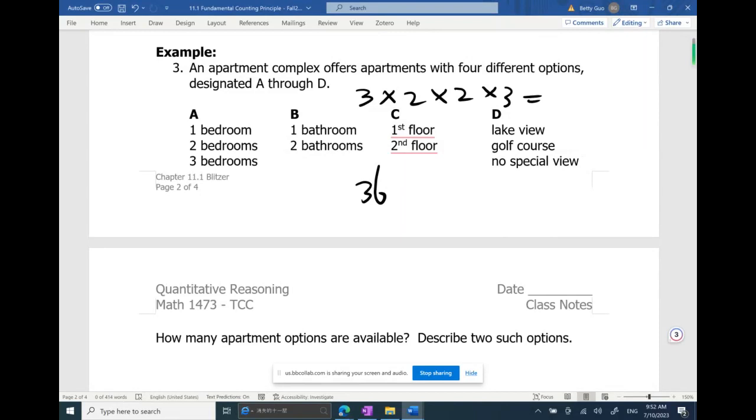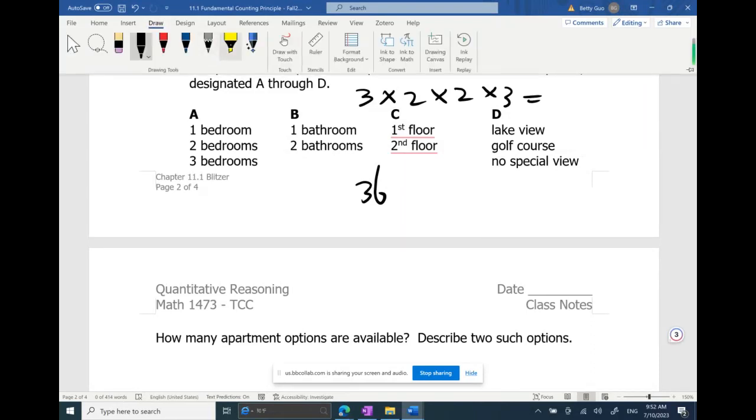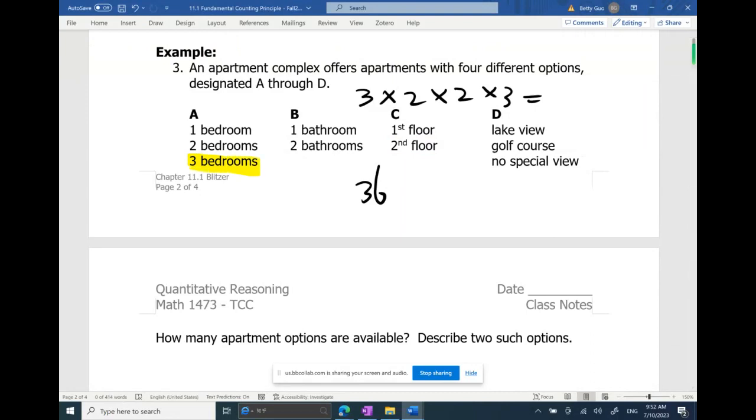My option, I would choose a 3 bed, because I want to have a bigger family in the future to prepare for that.